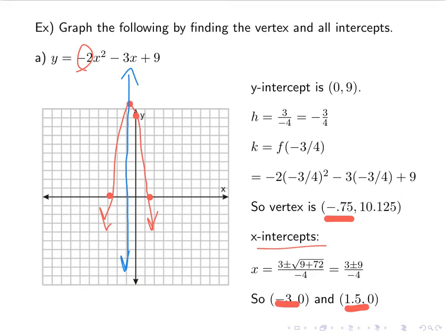So if I have a point over here, equidistant from it, I'm going to have the same point in the y direction here. Whatever this point is, this point's going to be the same in the y value as long as I'm the same distance away in the x value. Okay, so it is symmetric about the vertex, that vertical line going through the vertex. So that's something to keep in mind, and we're going to use that when we don't have enough points to draw our picture.